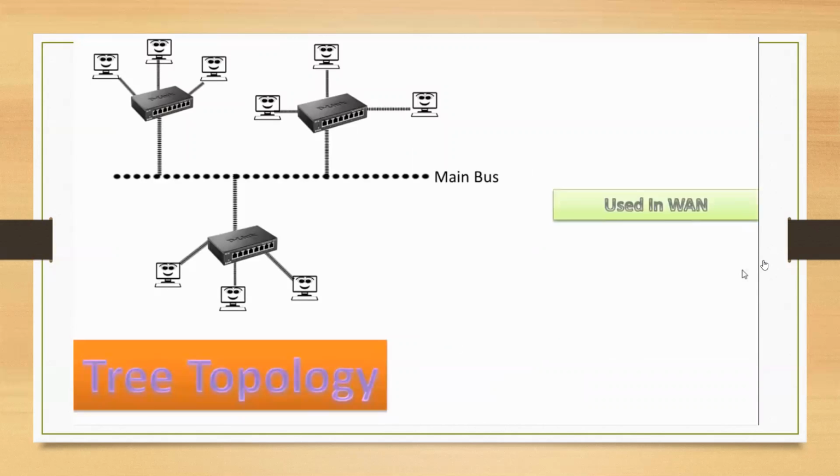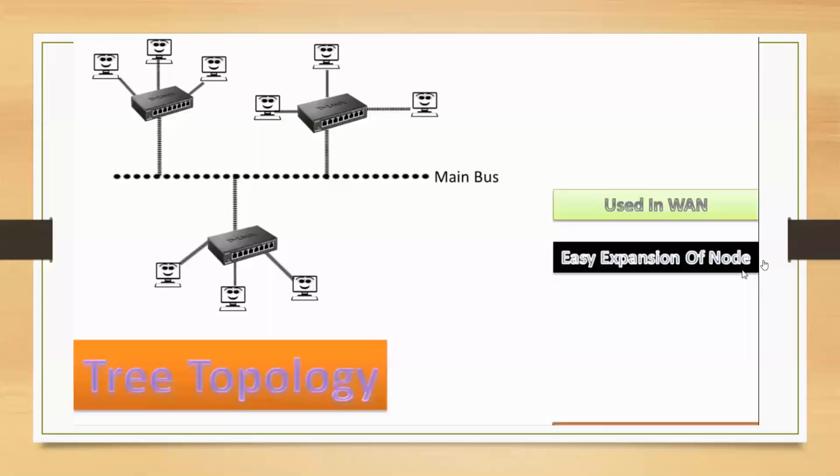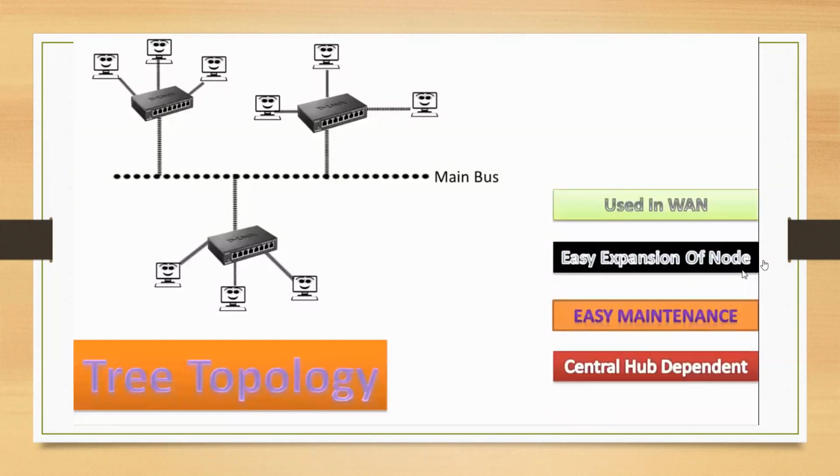Now it is used in WAN, that means wide area network, with easy expansion of nodes, that means you can easily connect a lot of devices, a lot of other star networks to it. The maintenance of this network is very easy, but it's also central hub dependent. That means if the main bus fails, all the network will fail.